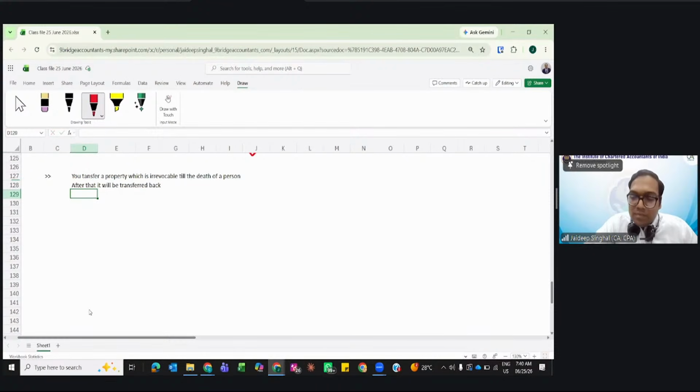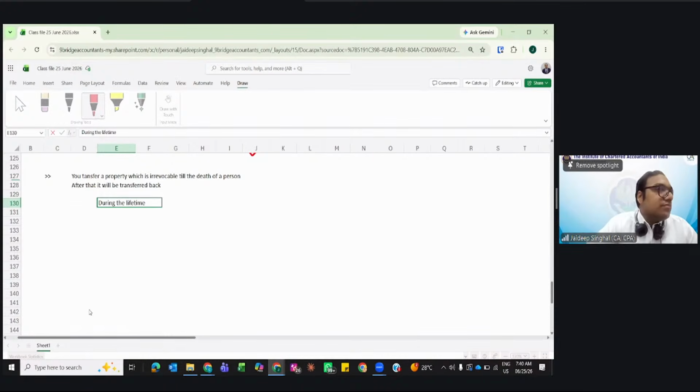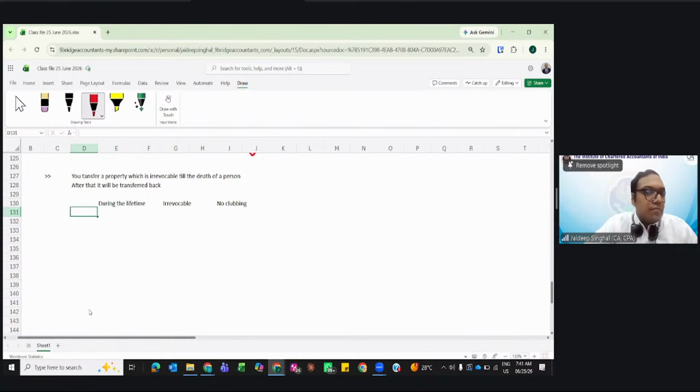Now, till the death of that person, the property was irrevocable. After that, it is revocable. So what will be the treatment? During the lifetime of the person, it is an irrevocable transfer. No clubbing will apply. After the death, it will constitute a revocable transfer. The clubbing provisions will apply.